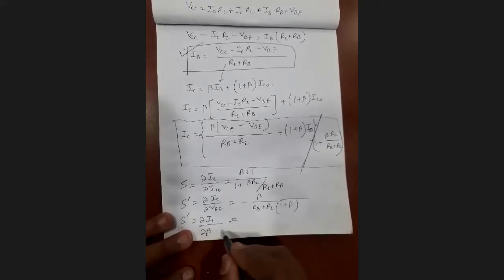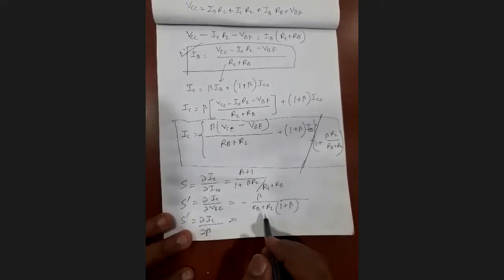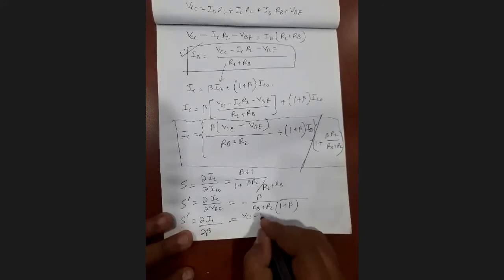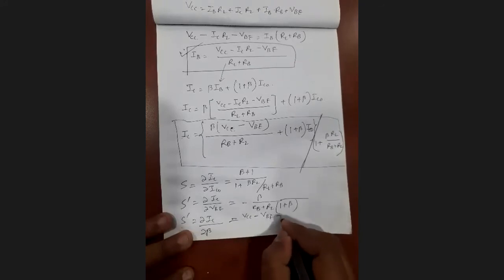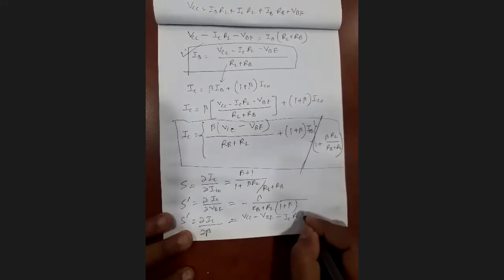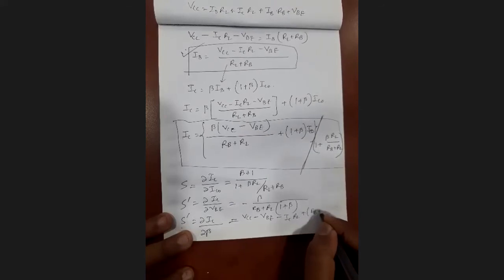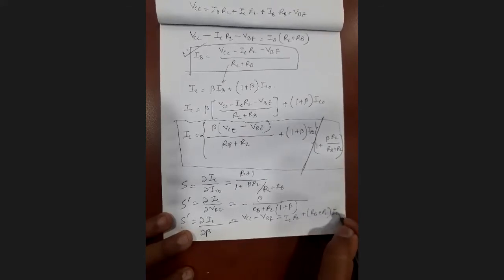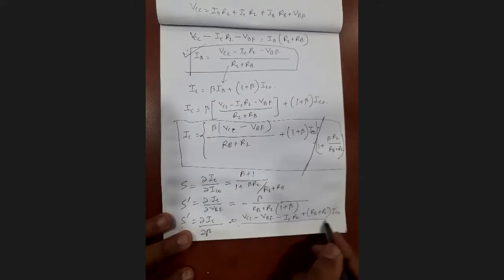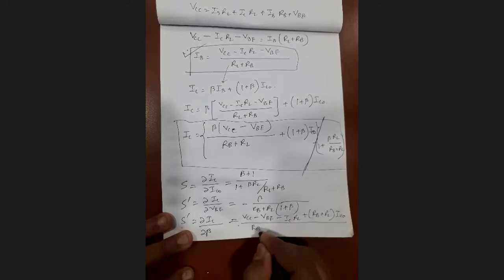And del IC by del beta equals (VCC minus VBE minus IC into (RL plus RB)) into RL into ICO divided by (RB plus RL) into (1 plus beta).